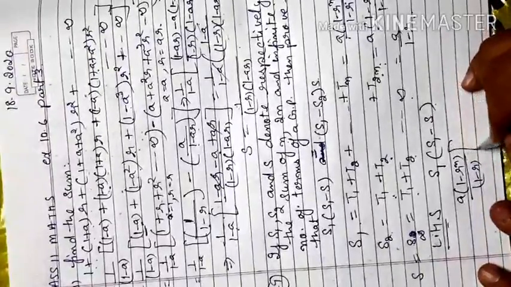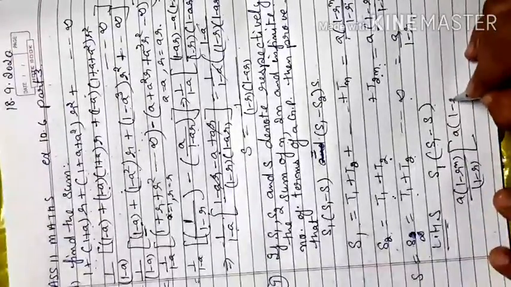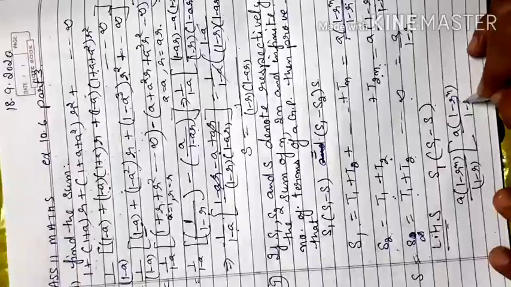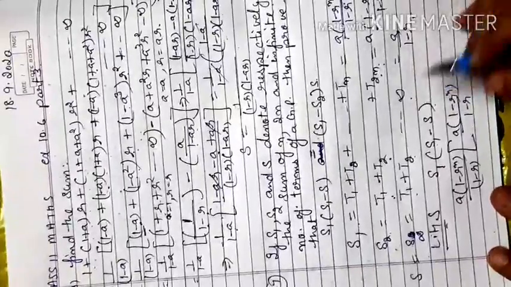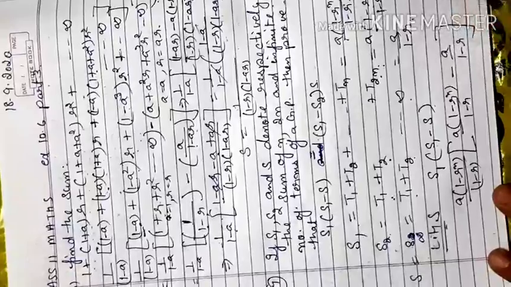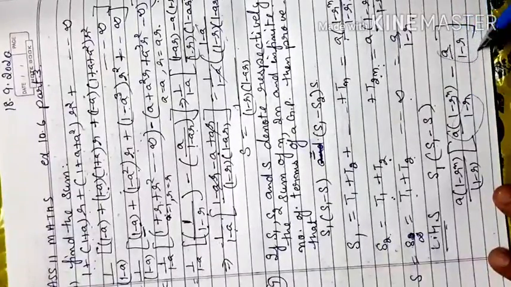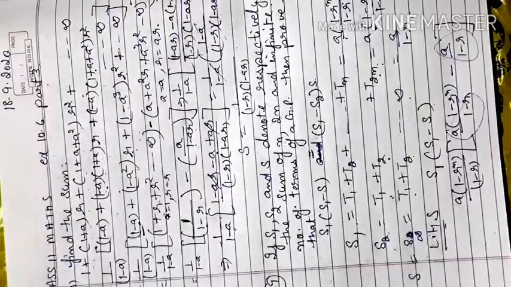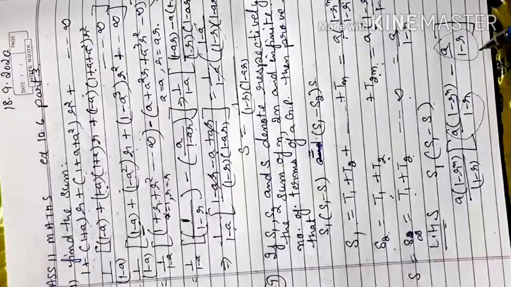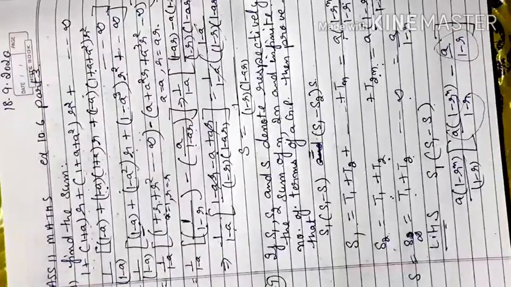Here also within the bracket your S1 term is a(1 minus r^n) upon 1 minus r, and here your S term is a upon 1 minus r. So if you look at this, a upon 1 minus r is common in these two terms. So you will take out common a upon 1 minus r.